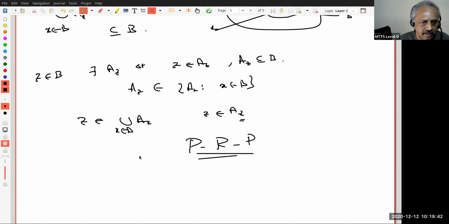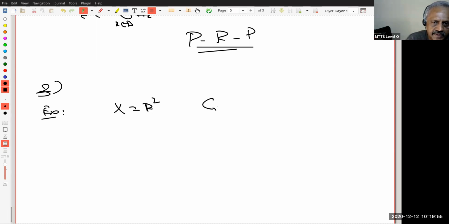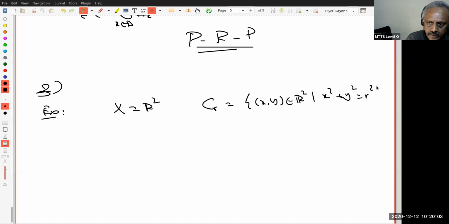Okay. And there are a few more examples I will give. Let X equal R squared. Let C_R be the set of all (x, y) in R squared so that x squared plus y squared equals R squared. You understand that?